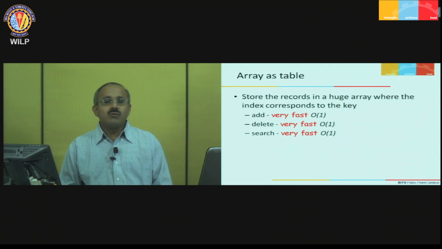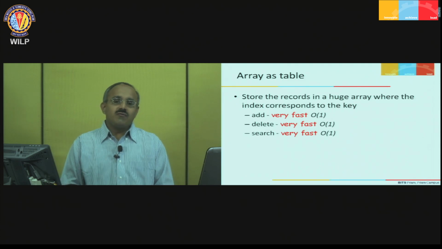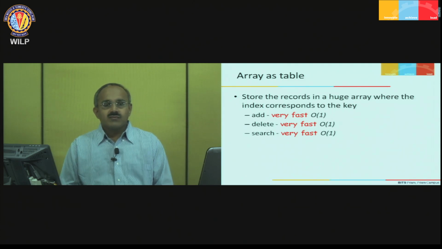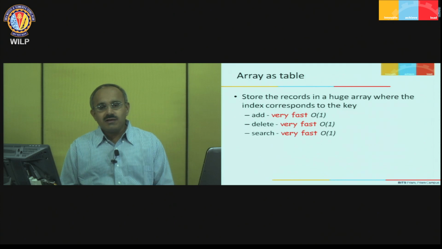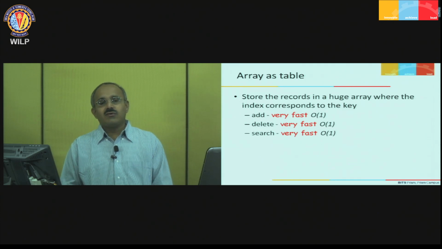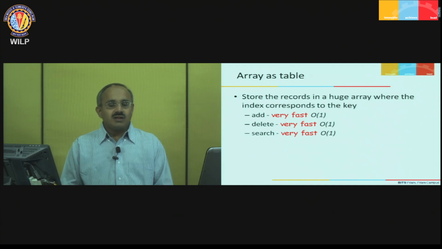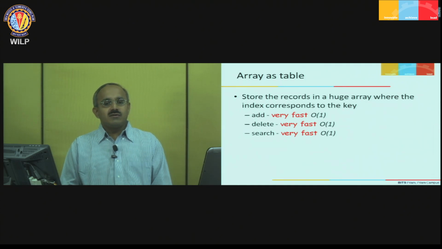If I want to store, say, 112, I just have to go to the 112th location in my array A or my table T and store 112 there. Similarly, the delete operation is also done in one step. Search also is very fast. If you want to search for a key, simply go to the table index that is that key.